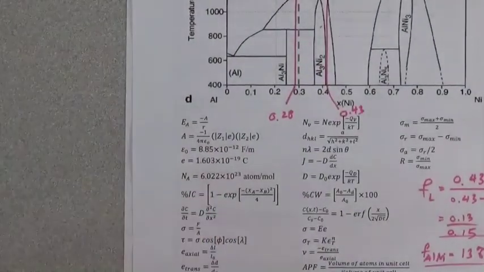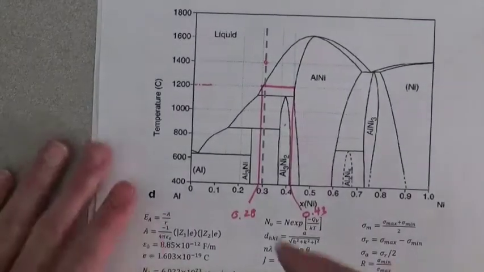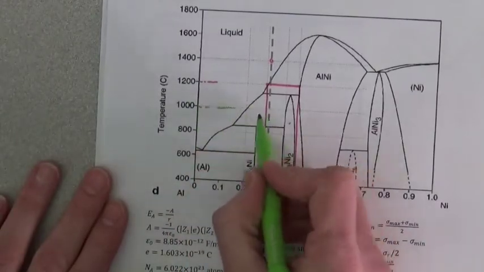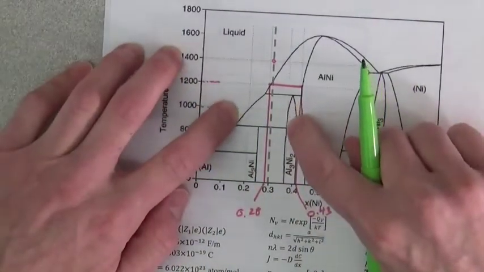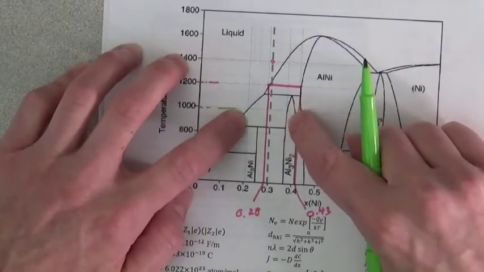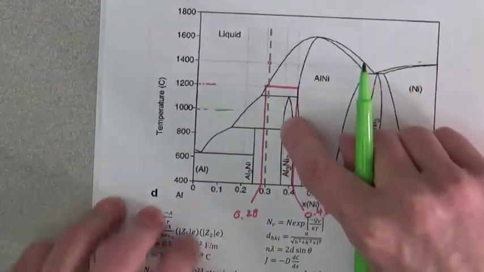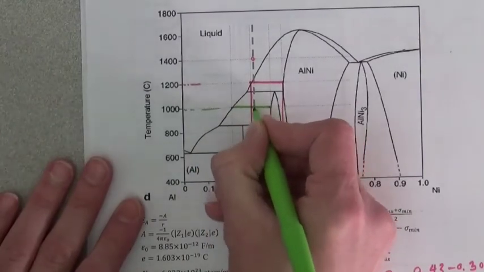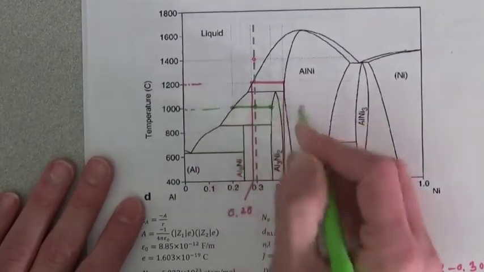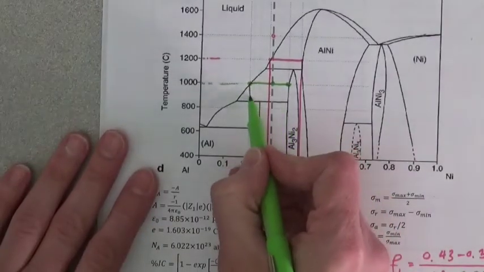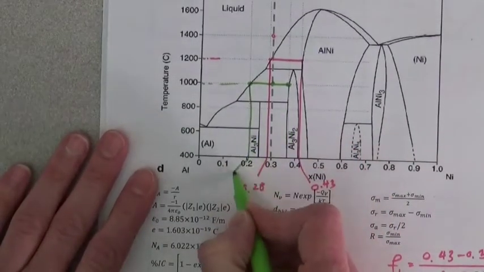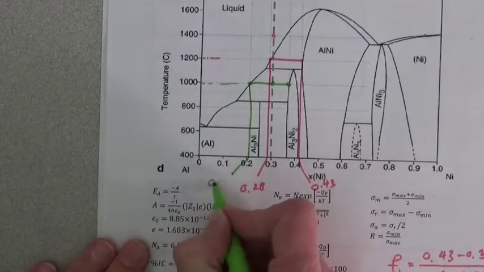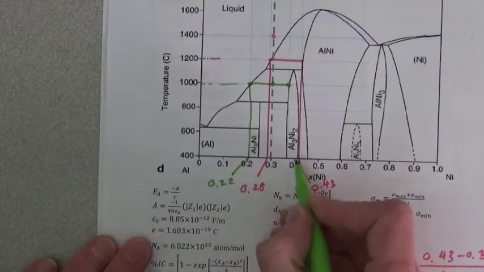So 1000, here we have our dashed lines to guide the eye. We're in this two-phase region, which is again a liquid and an Al3Ni2 phase. We draw our tie line here, drawing the verticals. That is around 0.22.